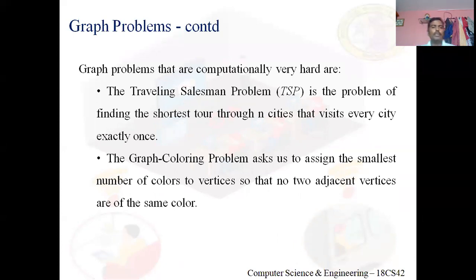Now the graph coloring problem. The graph coloring problem asks you to assign the smallest number of colors to vertices so that no two adjacent vertices are of the same color.